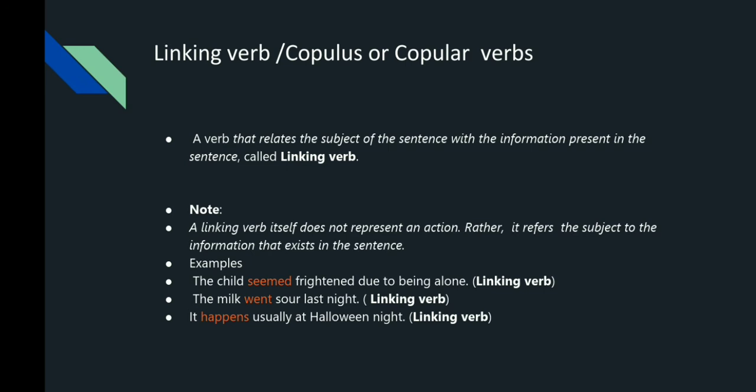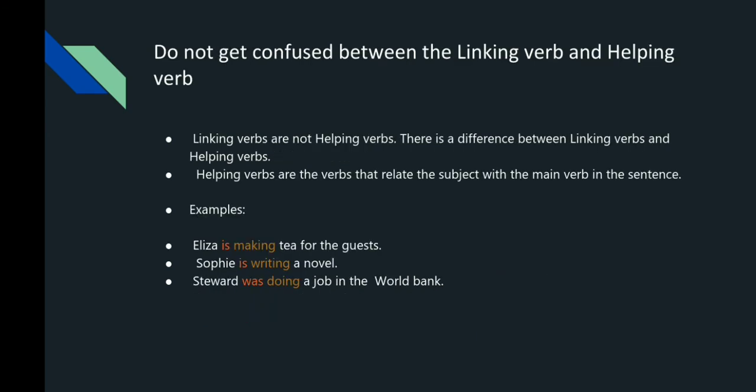Now, in this example, we can see that the word happens is developing a relationship with an unknown subject to the rest of the information. Okay, so this is actually a linking verb. So I hope the concept of linking verb, or we can call them copular verbs or copulous, has become clear to you.